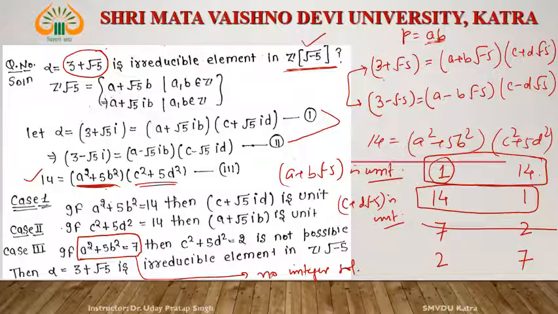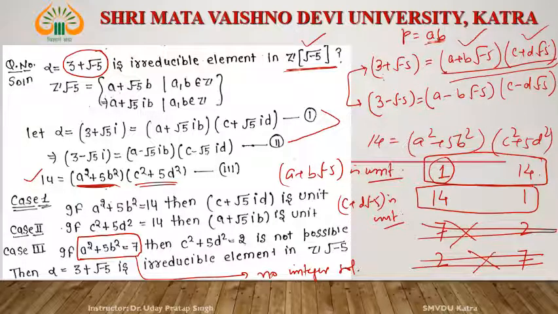So this is not possible, and similarly this is also not possible. So if 3 plus square root of -5 is a product of these two, then either this is a unit or this is a unit. And of course 3 plus square root of -5 is not 0, and it is not a unit in Z[square root of -5]. So 3 plus square root of -5 is an irreducible element in Z[square root of -5].